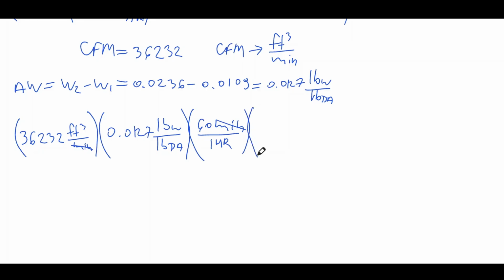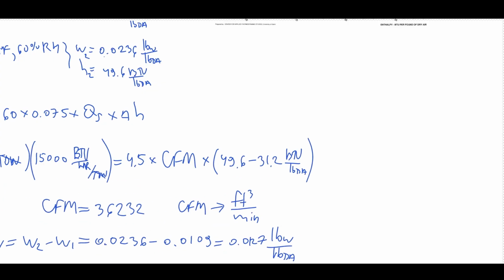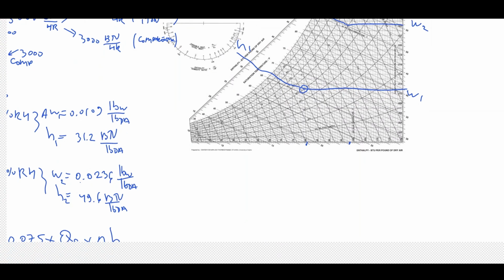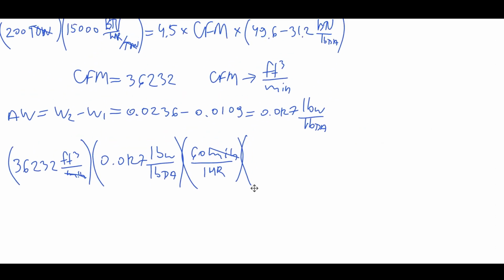We have to obtain our density. So if you go back on this chart, we obtain density for our initial condition, which was here. So if you check, the density should be roughly 13.7, just roughly, for that condition. So once you get that, you can take a reciprocal, 1 over 13.7.